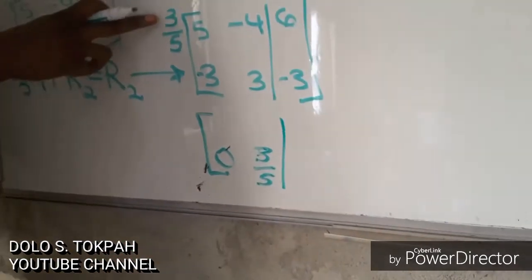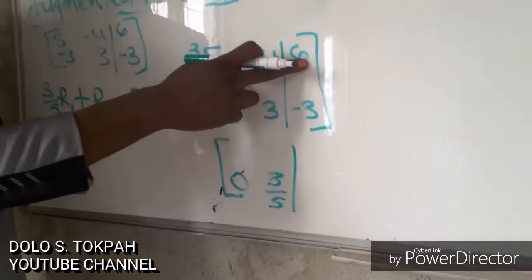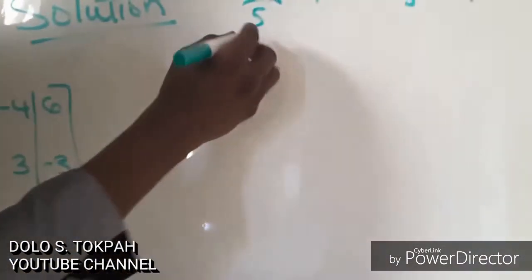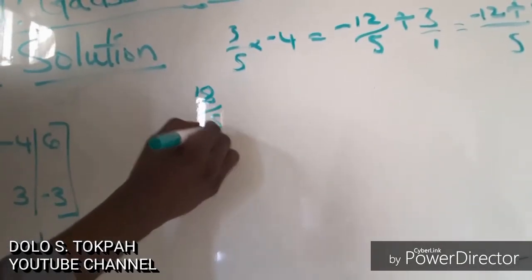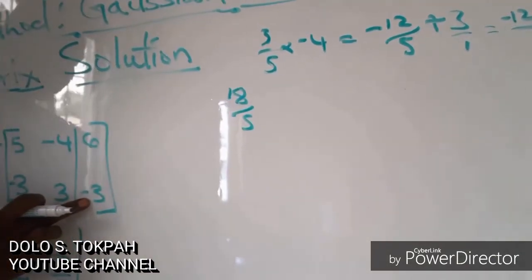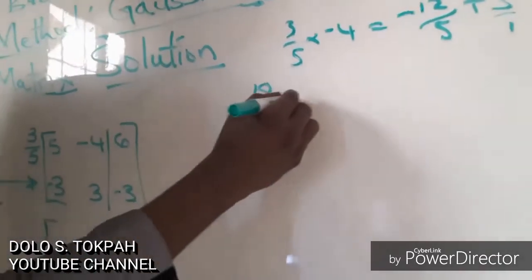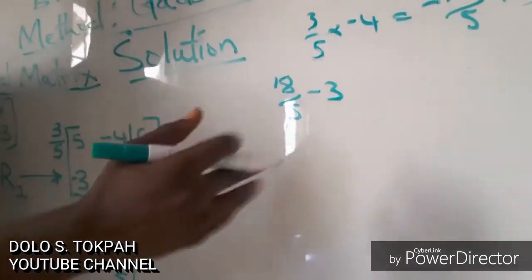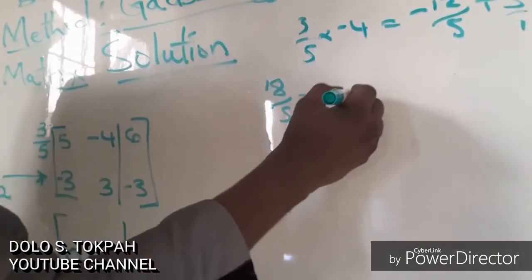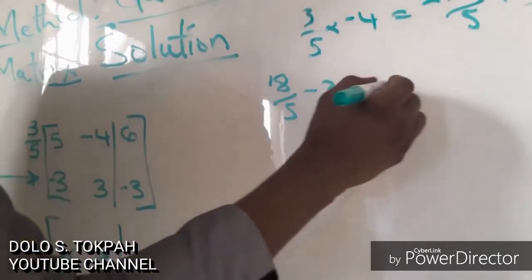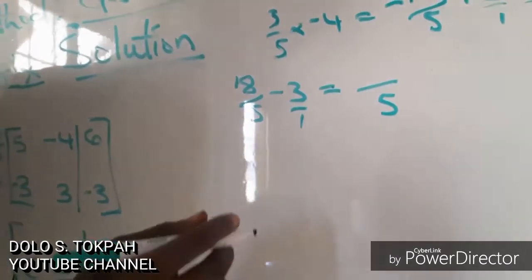Then we say again, 3 over 5 times positive 6 will give us 18 over 5, and we subtract -3 from it. It's the same as plus -3, because negative times positive is negative. We divide this by 1. The least common denominator is 5.